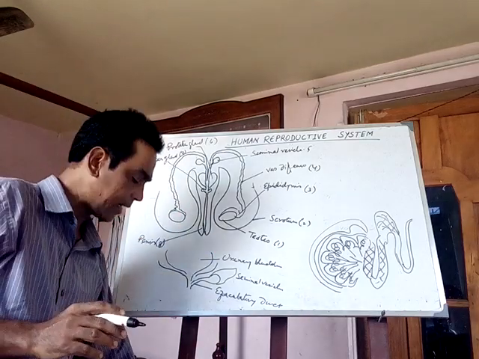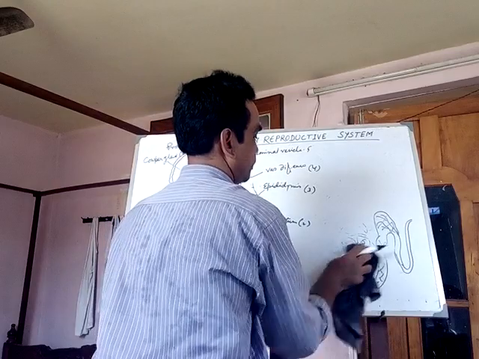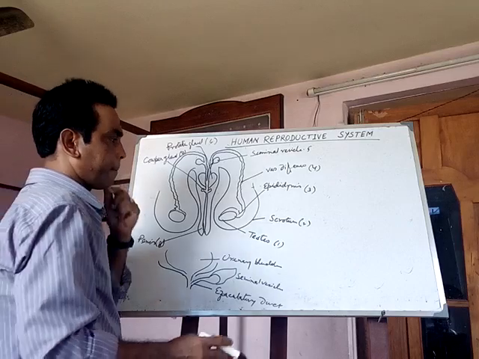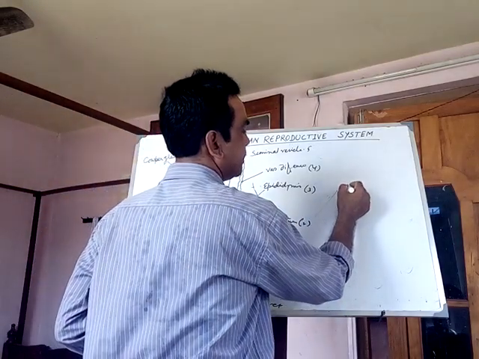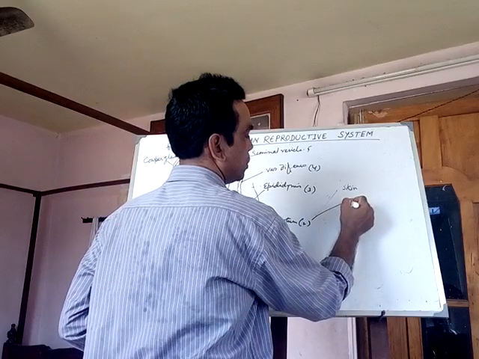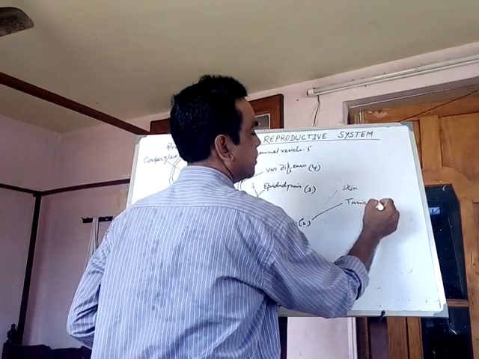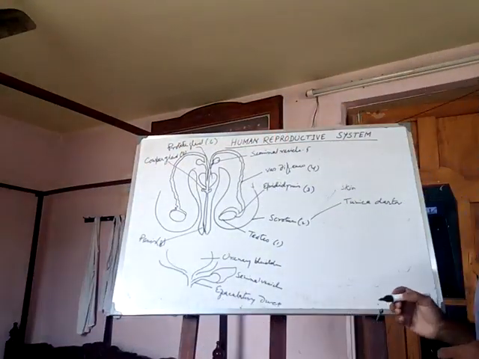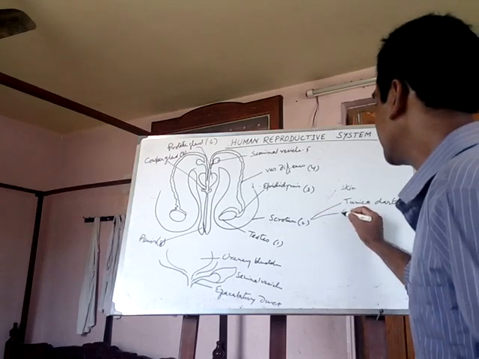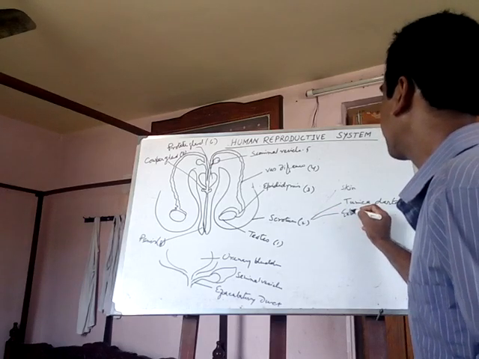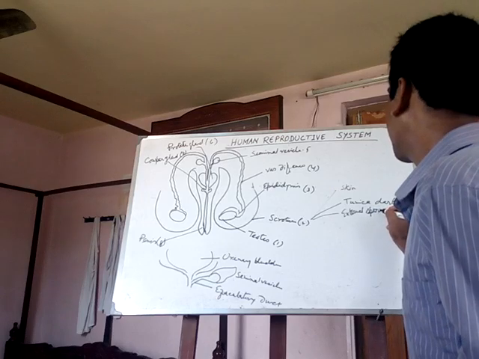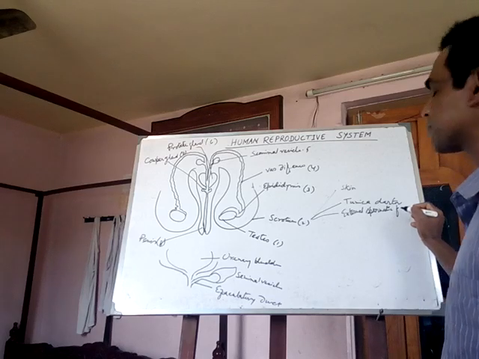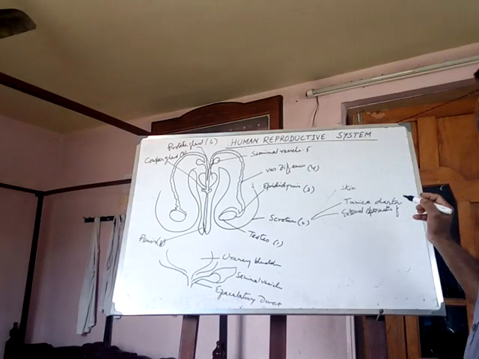The scrotum has various layers. One, skin. Two, tunica dartos. Three, external spermatic fascia.